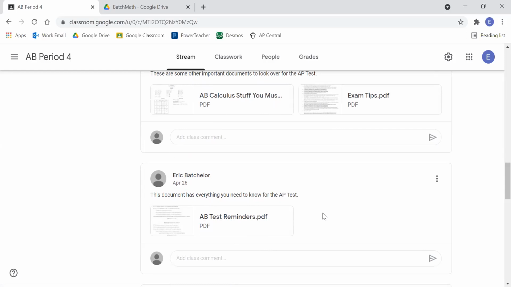So it's a comprehensive guide to everything we've done this year and specific things we need to know, like when a left Riemann sum is an under or an overestimate, or when using a tangent line gives you an under or an overestimate, or how to determine if the speed is increasing or decreasing, or assorted things like that. So hopefully that will all be helpful to you.